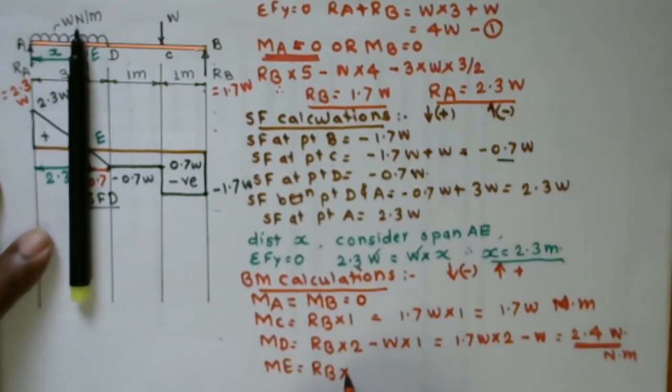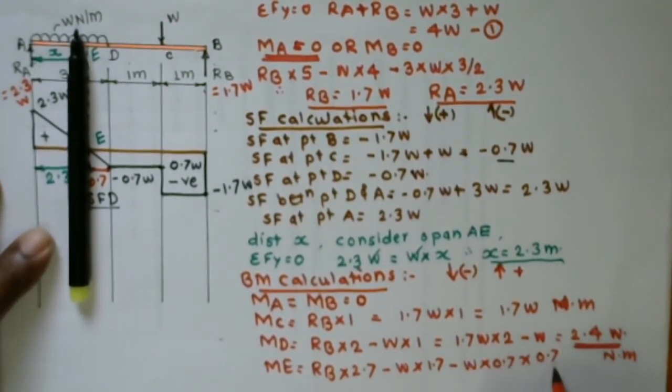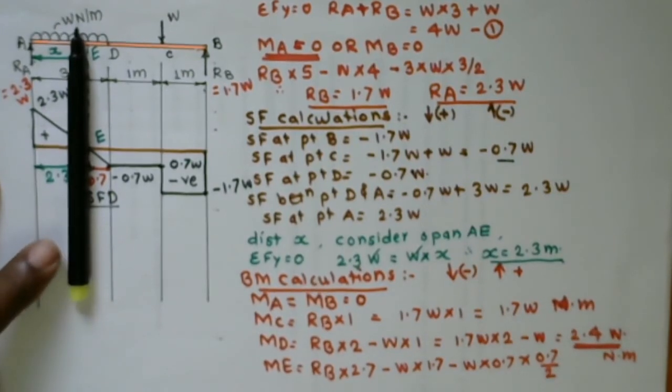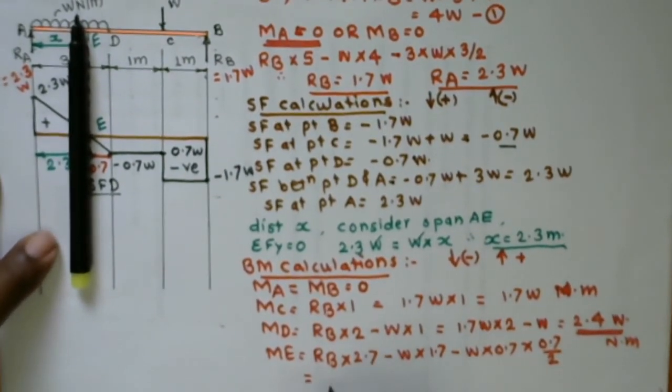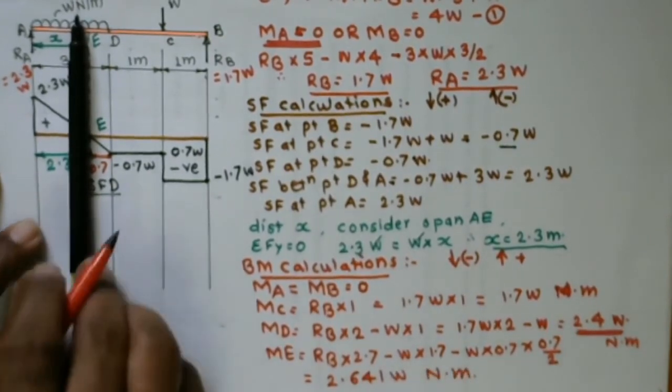So RB into 2.7 minus W into 1.7 minus consider this point load W into 0.7 into 0.7 by 2, which is acting at the midpoint. So here put the value of RB. Again here you will get the answer 2.641 W Newton meter.